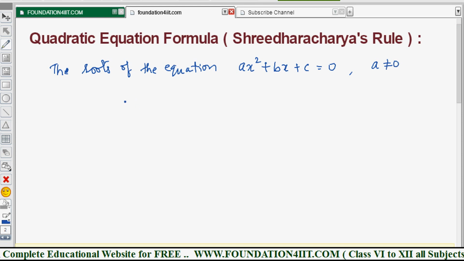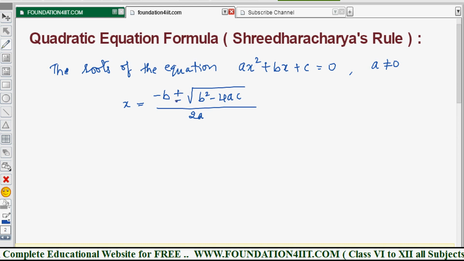So then for this equation, x is equal to, because roots of the equation in the form of x, that is minus b plus or minus under root b square minus 4ac, whole divided by 2a. So here a is the x square coefficient, b is the x coefficient and c is the constant. We will take the two roots because of the quadratic equation. We will get two answers.